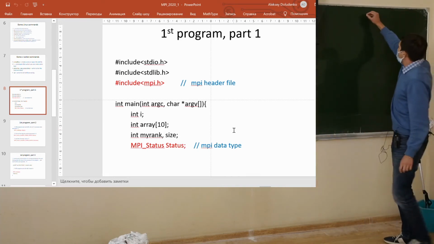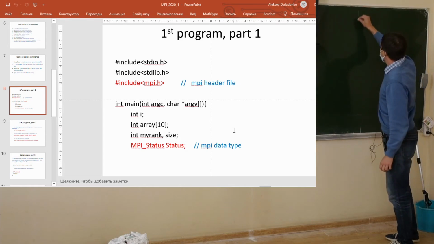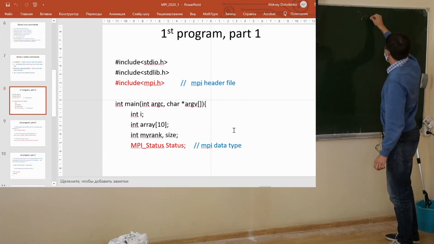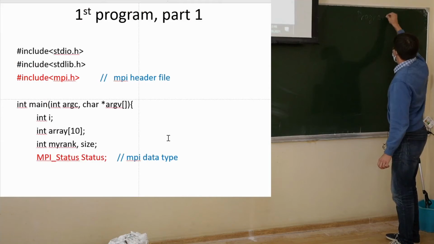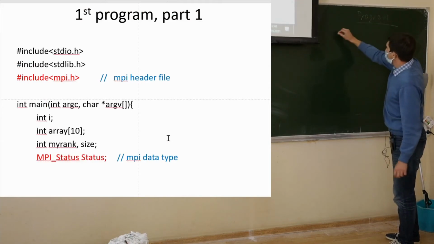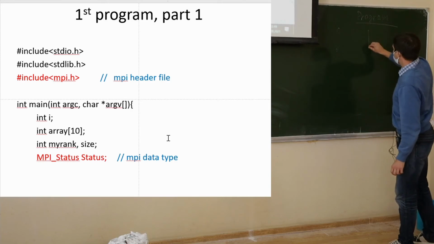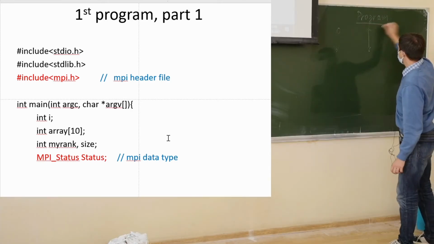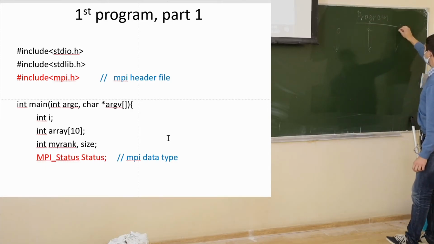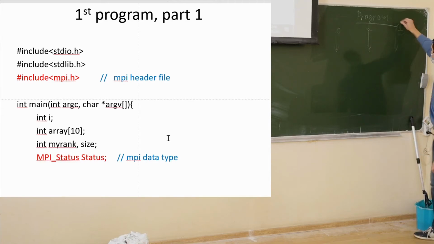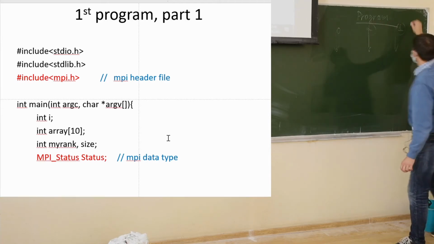For example, my program runs on process number 0, process number 2, and process number 1. These are ranks.